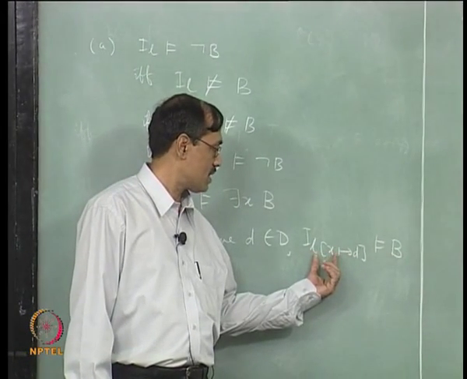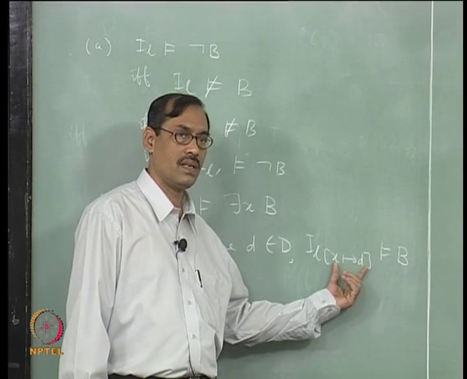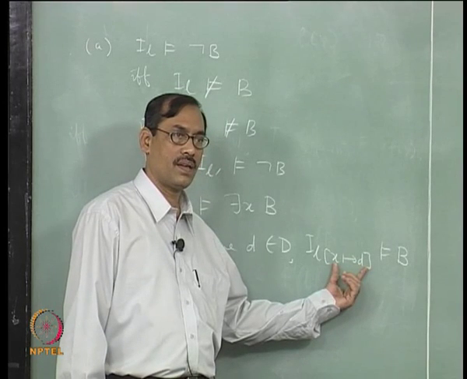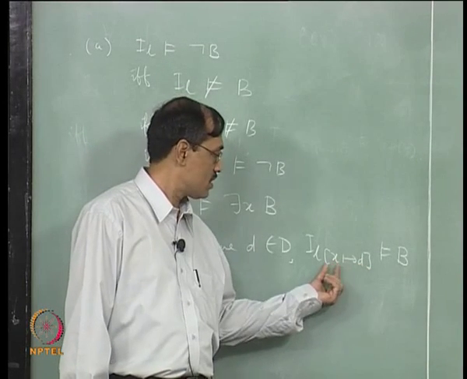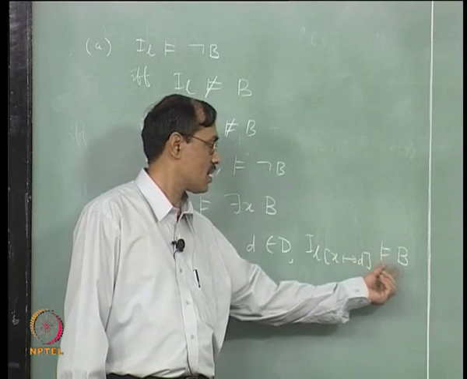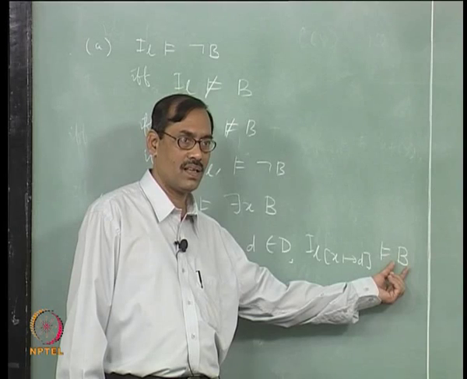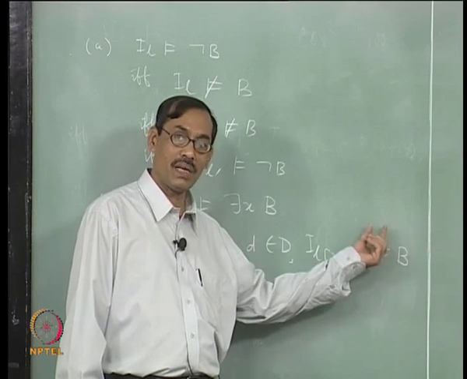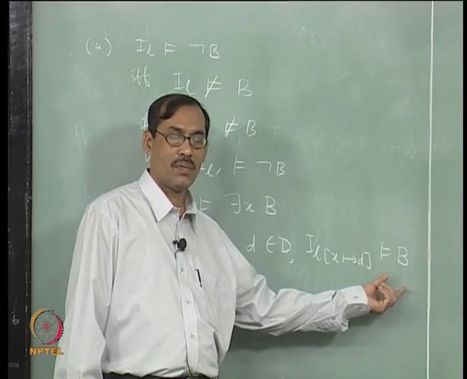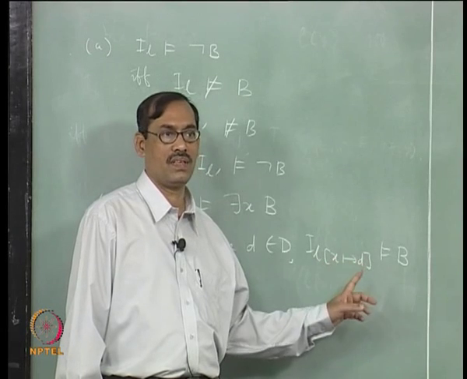So, now what happens? L x to d, right. This new variable x is occurring in B probably, we do not know exactly, and it might be occurring free there, but in A it was not free.